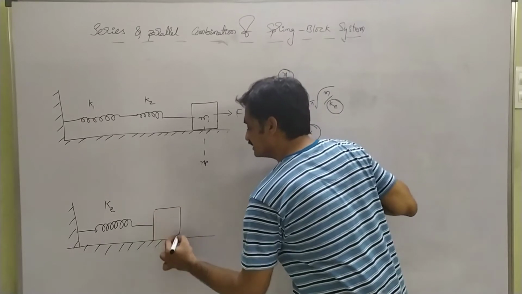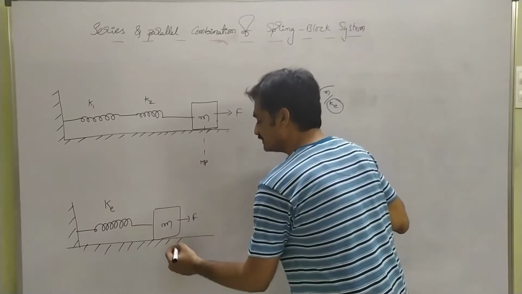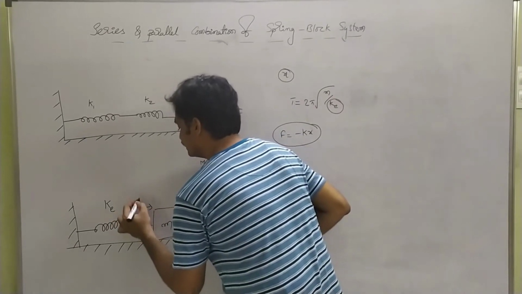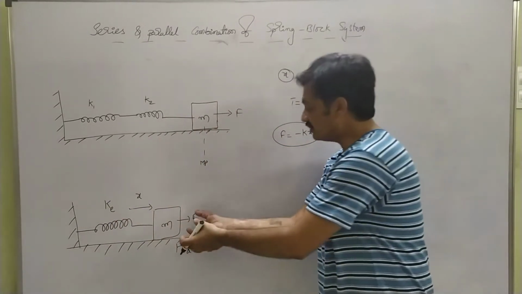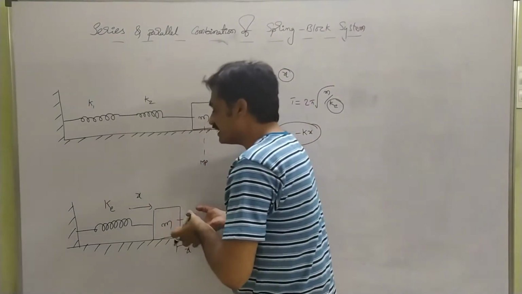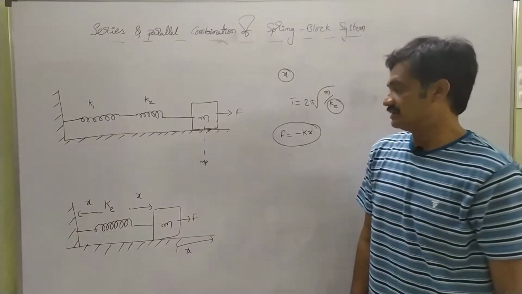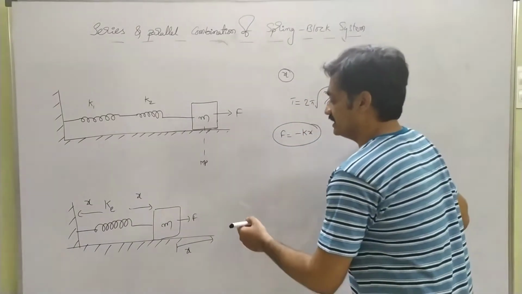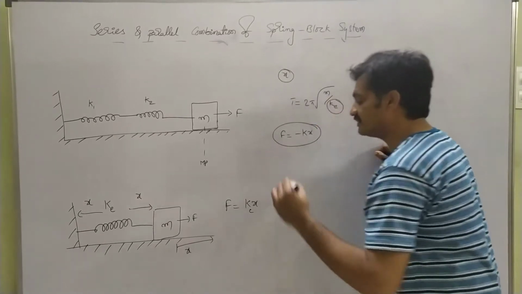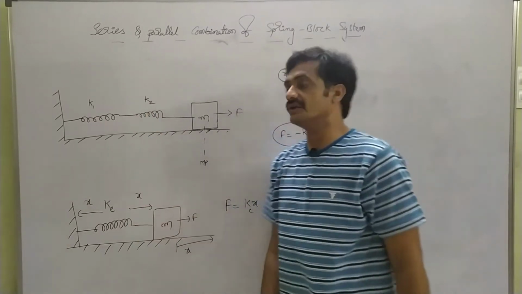Then if we consider this mass m, as we apply this force the body has been displaced by a displacement x in this direction. As the body moves in this direction, again the body regains the same displacement in opposite direction. Then force is given as F equals kx. Observe that the force constant is represented as k suffix e, equivalent force constant based on k1 and k2.